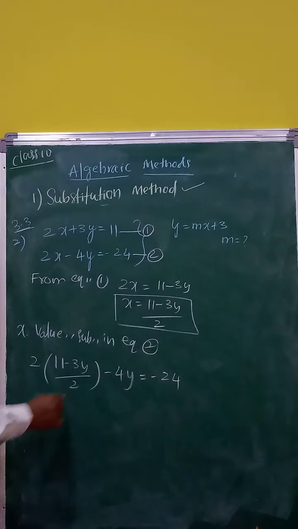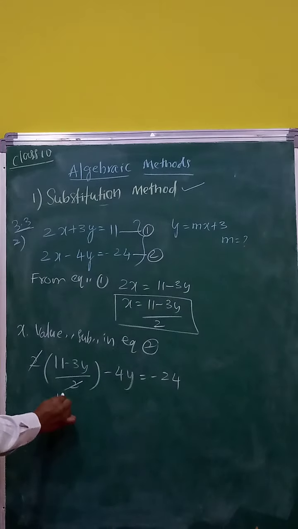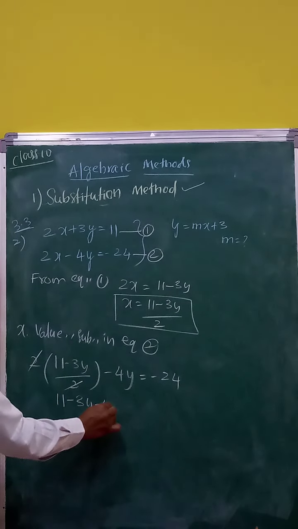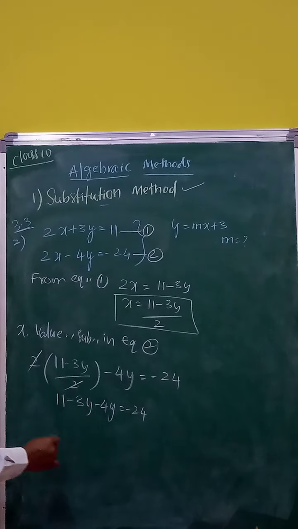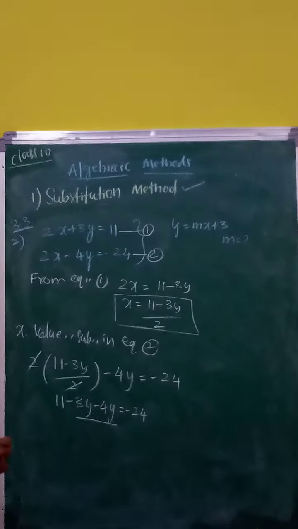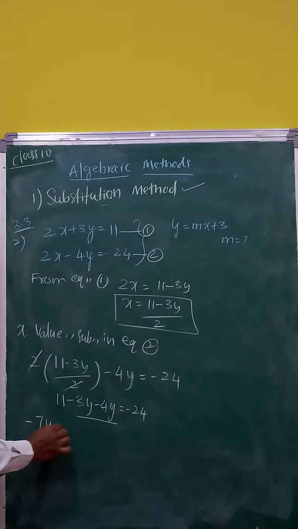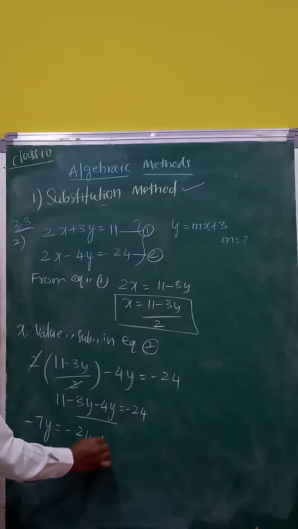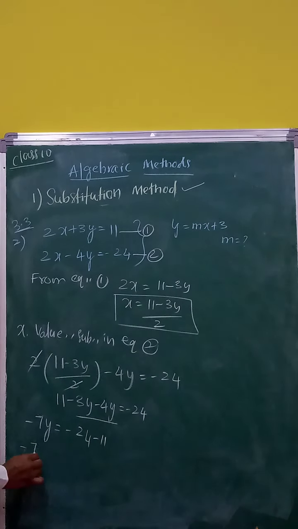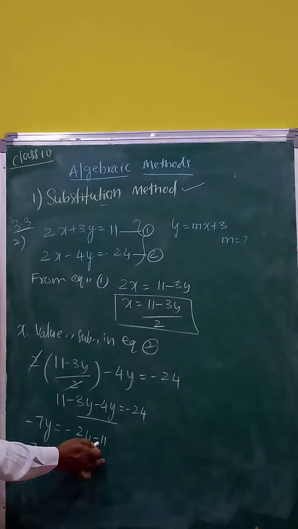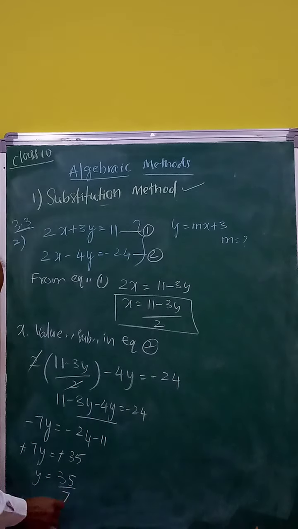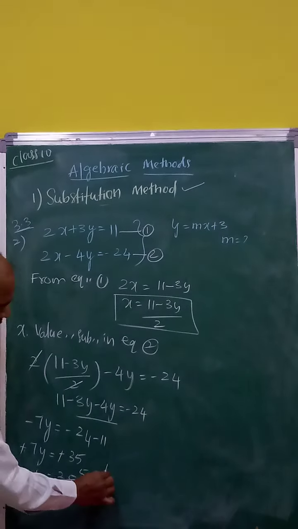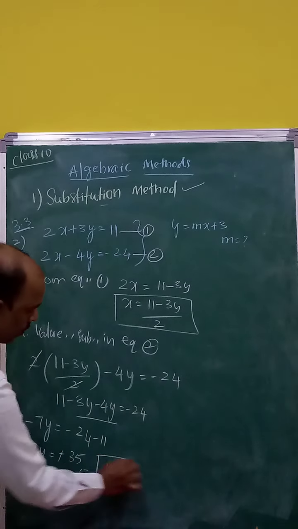Cancel the 2s. What is remaining? 11 minus 3y minus 4y is equal to minus 24. 11 transpose to the right side: minus 7y is equal to minus 24 minus 11, which is minus 35. Minus cancel, then y is equal to 35 by 7. Cancel, 7 5s, so y is equal to 5.